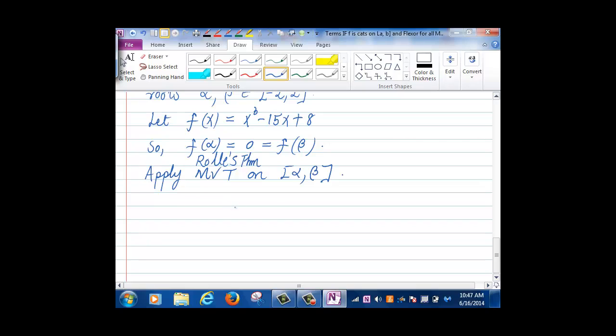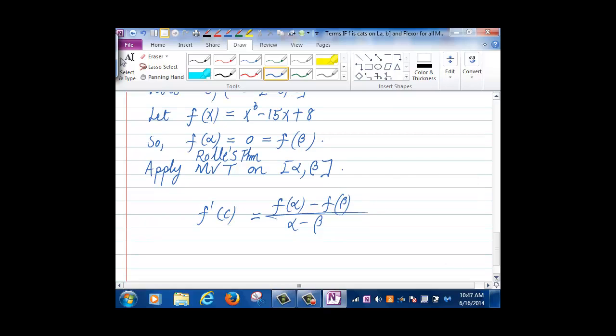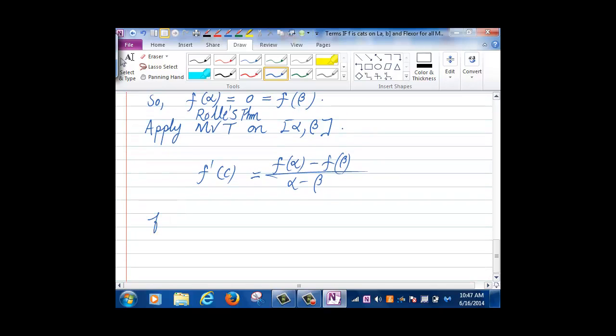It says that if I look at the average rate, f of alpha minus f of beta divided by alpha minus beta, the average rate is the same as the instantaneous rate, f prime of c, and this is true for some c between alpha and beta.